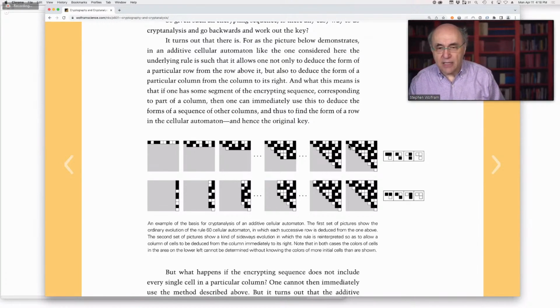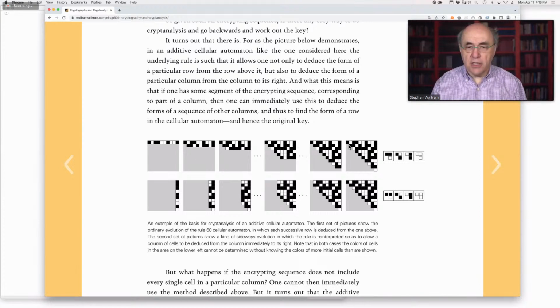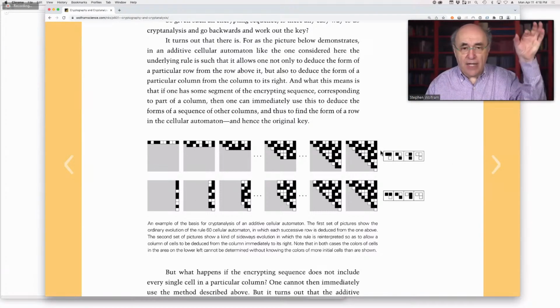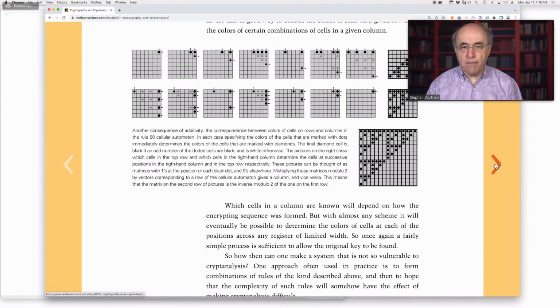So this additive cellular automaton, aka linear feedback shift register, is not in the end a secure crypto system, because once you have that key, that sequence, you can go back and deduce what the key was. Okay, this is essentially a way to understand that inversion of the rule 60 crypto system.